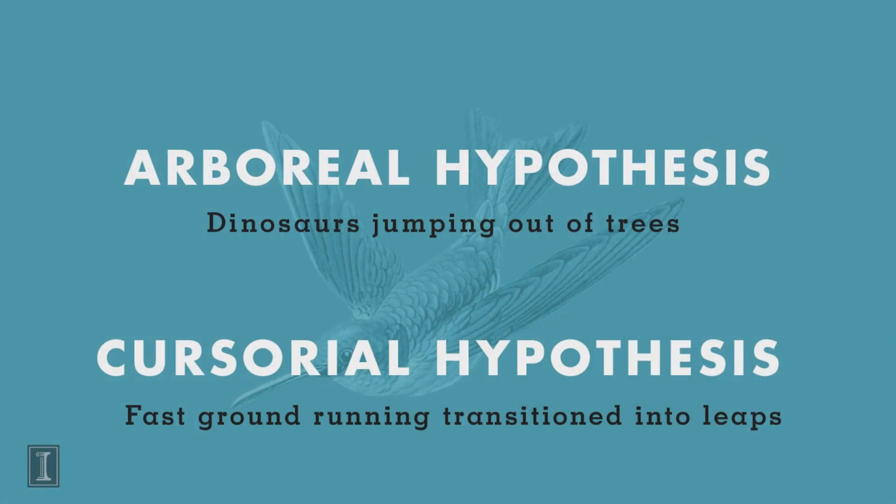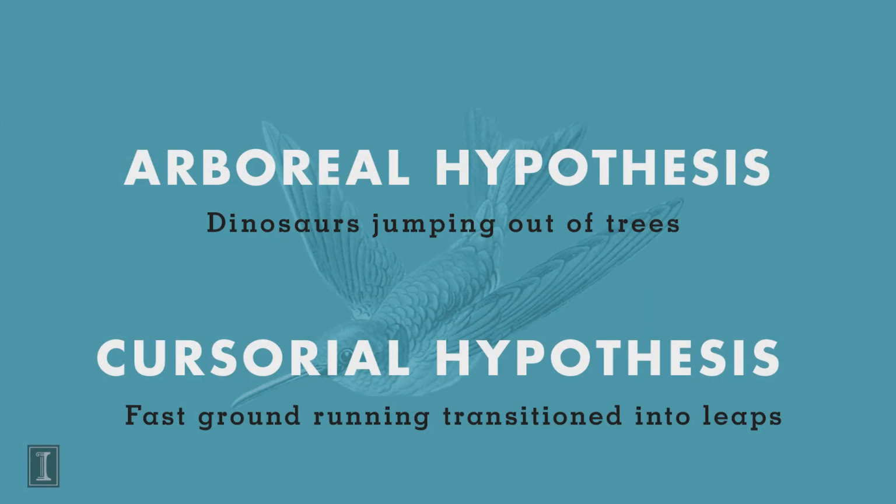That transition is thought to have occurred in a couple of different ways. One is called the arboreal hypothesis, the idea of the dinosaur jumping out of a tree. But when jumping out of a tree, there aren't a lot of intermediate stages. Either you can jump out of a tree and survive, or you don't, and it's not that widely accepted.